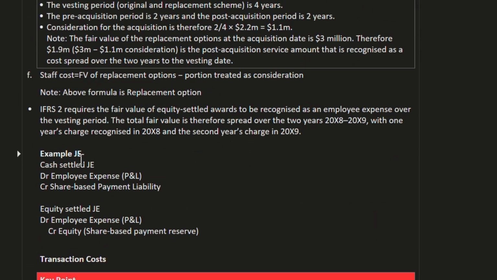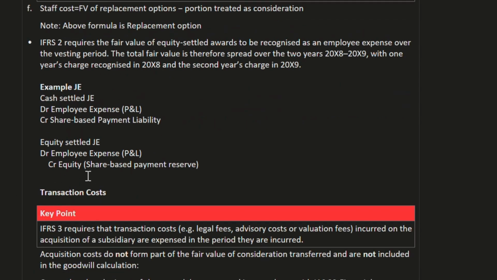Now we can see the example journal entry. If it is cash settled, then DR employee expense, it goes to P&L because it is an expense, and CR share based payment liability. If it is equity settled, then the journal entry will be DR employee expense, again P&L, and CR share based payment reserve, that equity amount.